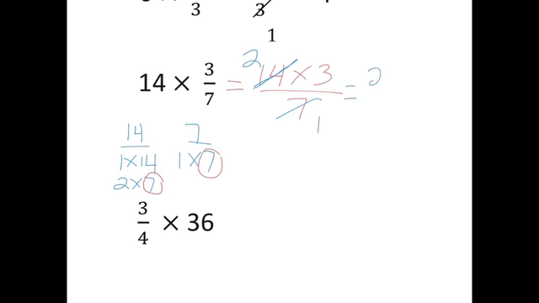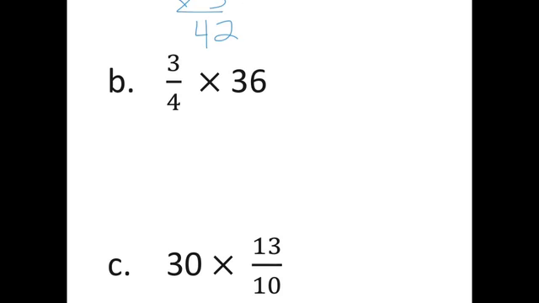So if I rewrote the problem with my new numbers, I got 2 times 3 over 1, which is the same thing as 6 over 1, which means 6 divided by 1, which gives me the answer of 6.